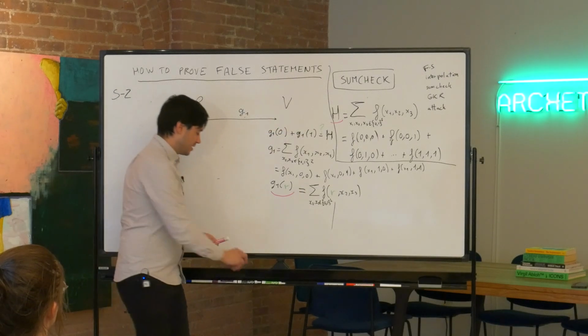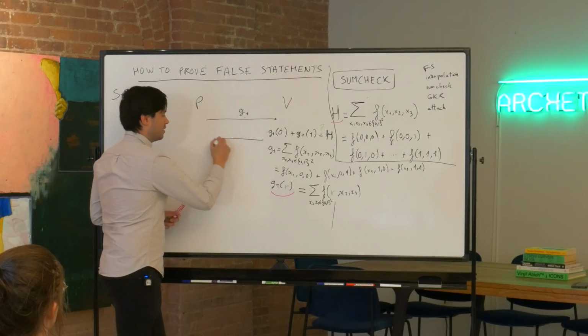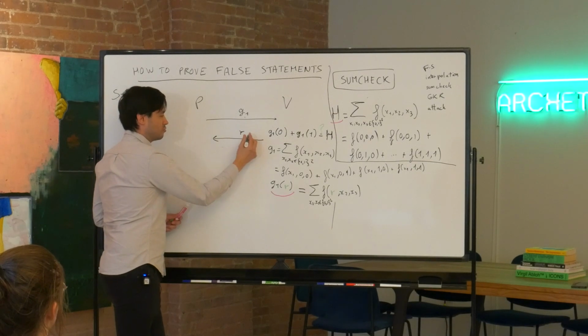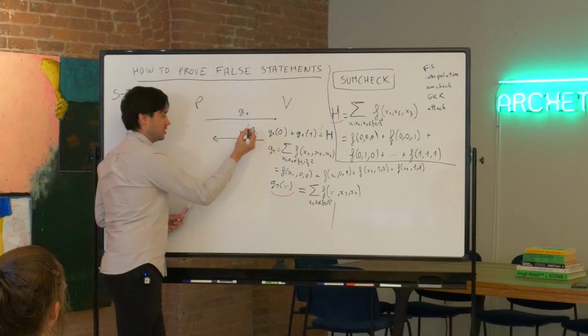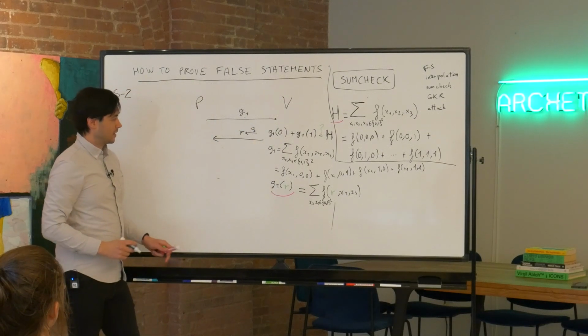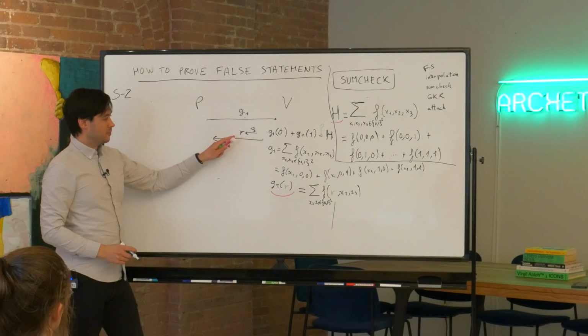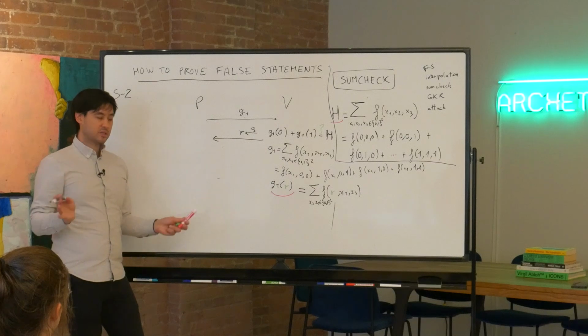If you're convinced by that, and by the way, the challenge here is random. I guess you can write it like that, say that it's random. If you're convinced by that, you know exactly what's happening next.